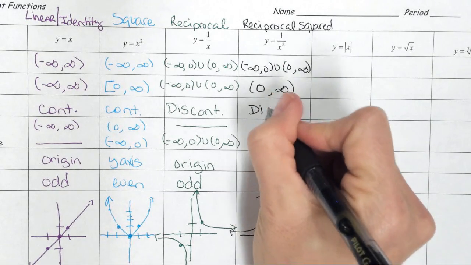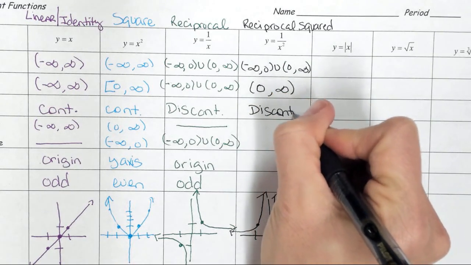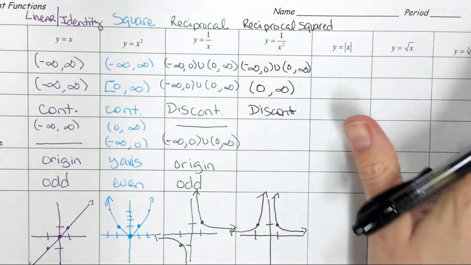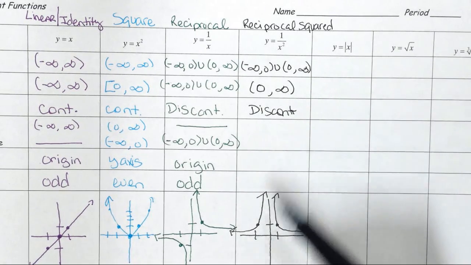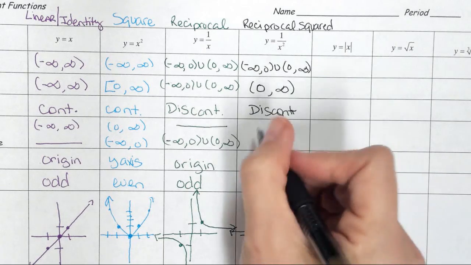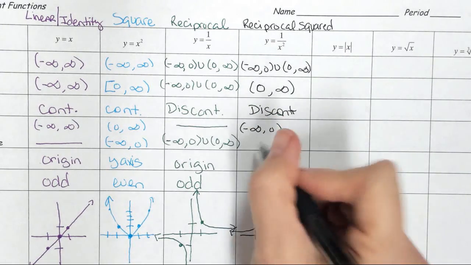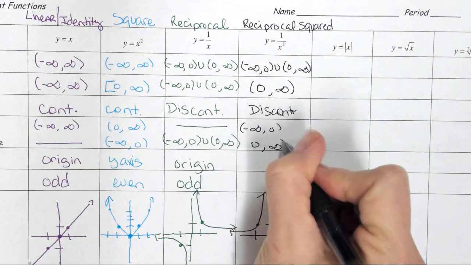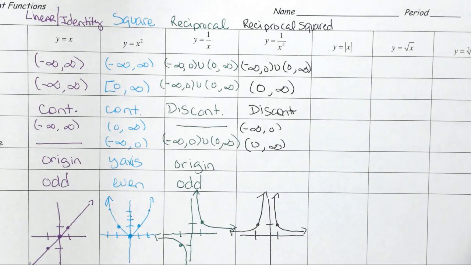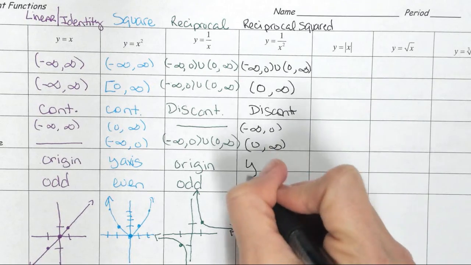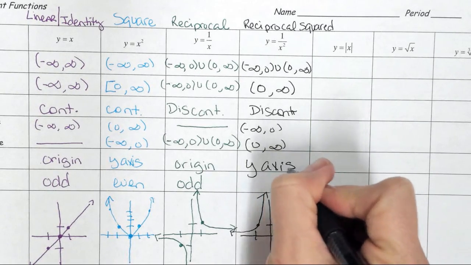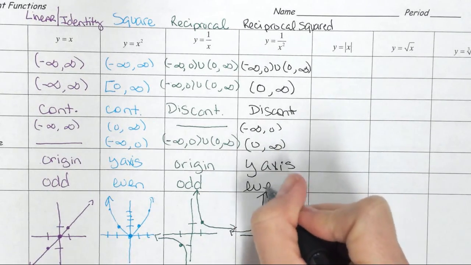Again, it's discontinuous because we have asymptotic behavior. This one is going to increase from negative infinity to 0, but it's going to decrease from 0 to infinity. This is symmetric about the y-axis, therefore it is even.